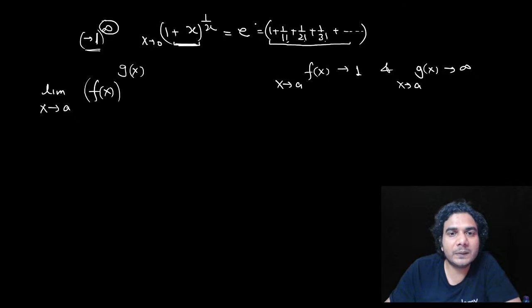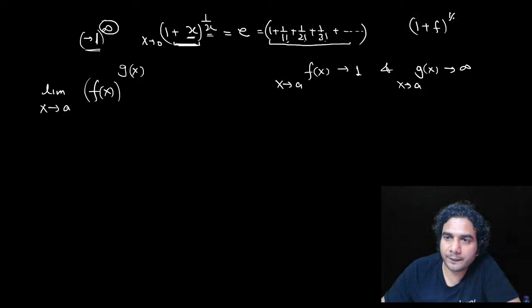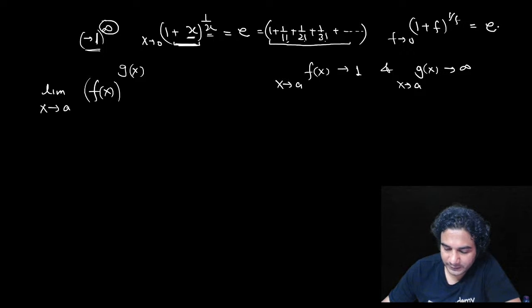And that value is nothing but e. Okay, so this is e, but these two numbers should be same. Even if you write (1 + f) raised to 1/f, but f is approaching to 0, it is same. This can be written as e.